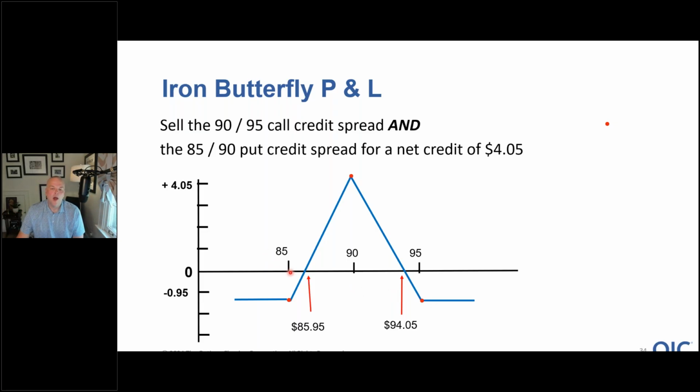If the stock were to go out below 85, you could theoretically exercise your 85 put and be flat stock. If the stock goes out above 95, you could theoretically exercise your 95 call and be flat stock. You're not going to have any ability to affect change in whether you're exercised and whether you're assigned on the 90 call and the 90 put, because you've sold that optionality to someone else.